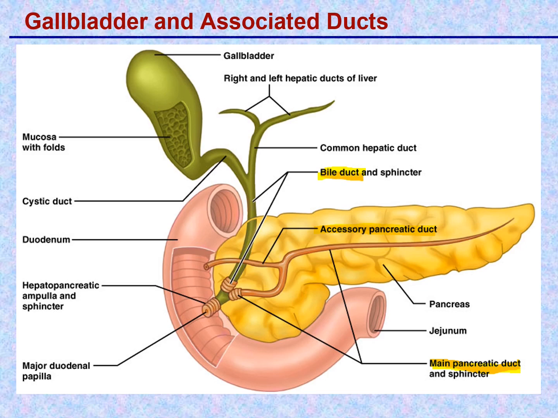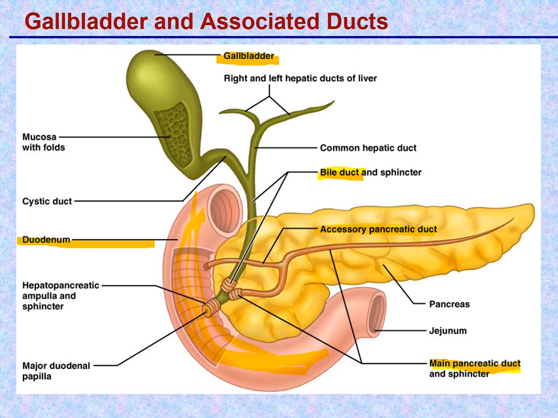The bile duct leads down from the liver and from the gallbladder. The gallbladder acts as a reservoir for bile. You don't always need bile to be sent into the duodenum. This section here, where these ducts are entering into, this whole section here is the duodenum.